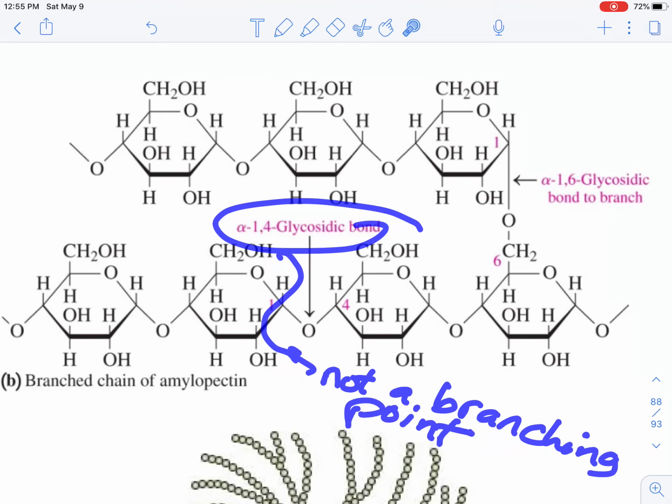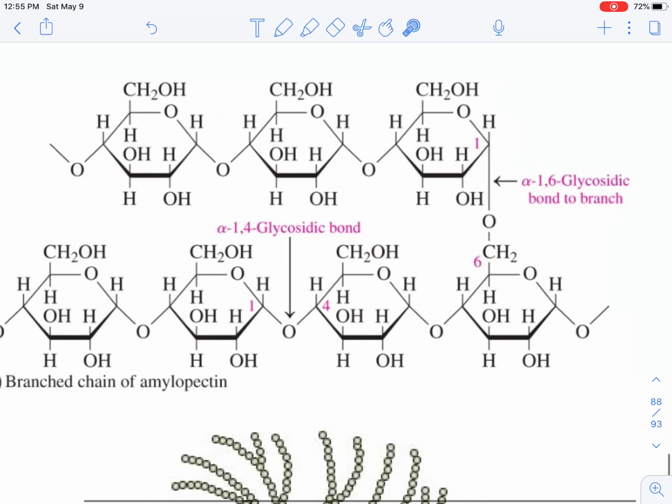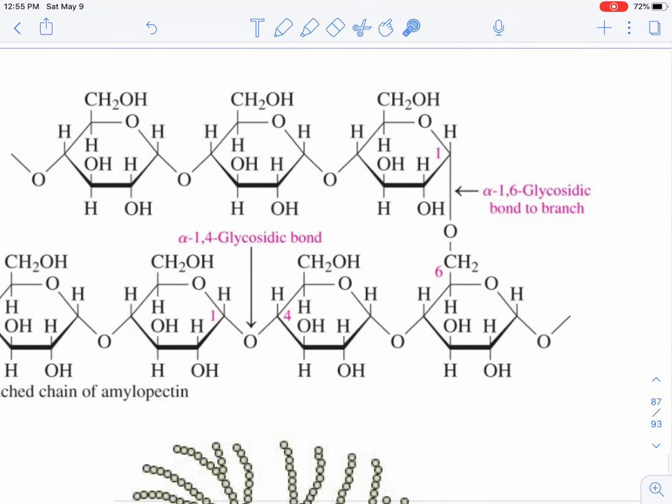Okay. The name of the glycosidic bond that describes the branching point is alpha-1,6. Once again, we know that alpha means that the hydroxyl group on the anomeric carbon is pointing down.